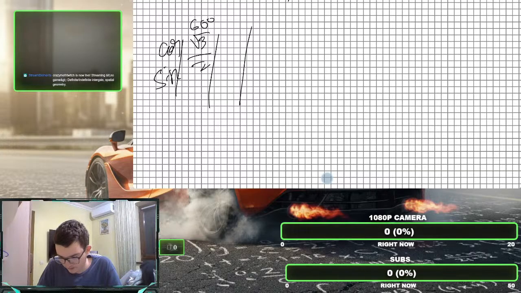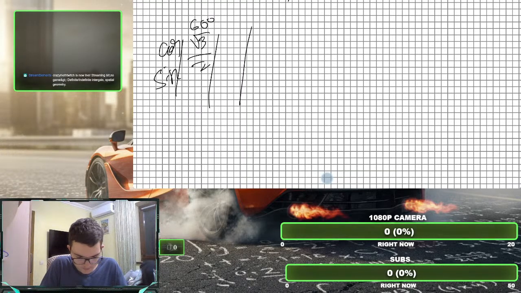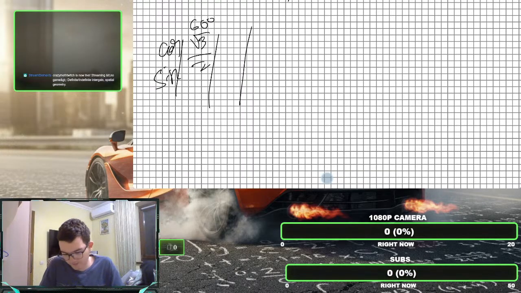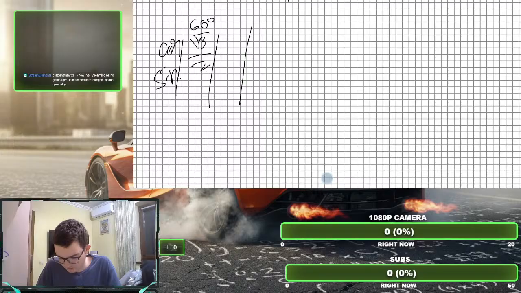I don't know, should I go with the YouTube one or ChatGPT? Perhaps YouTube. So let's see what table we have here. Well, it has some values, but not that many values. I don't know if I'll need a full table of values. So let's see what ChatGPT has to say about this.